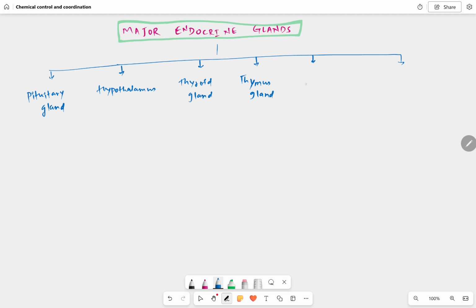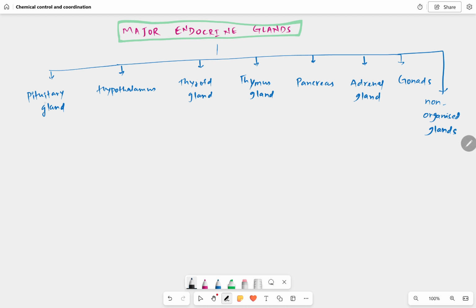After the thymus gland, we'll cover the pancreas, the adrenal gland, and then we'll cover the gonads, and in the last we'll cover some non-organized glands. So this is overall the types of glands we have to cover here one by one.